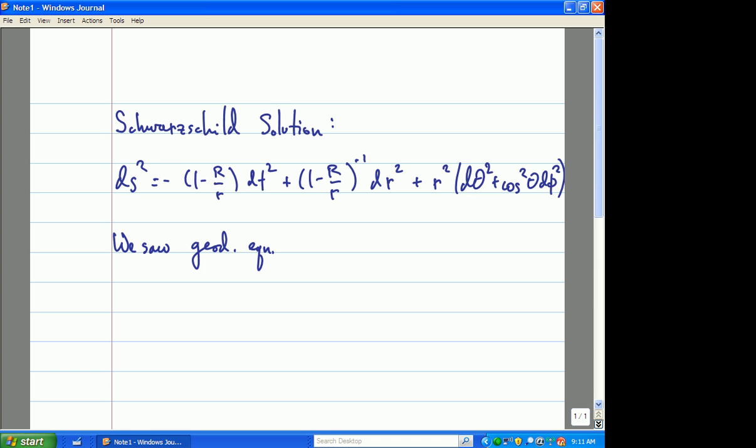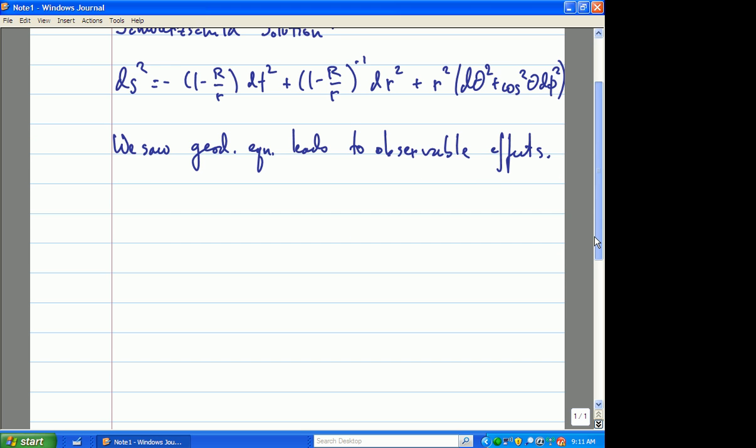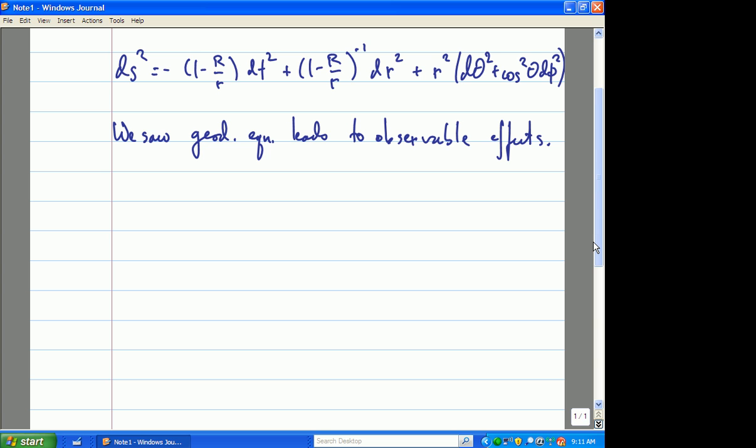So what we're going to do today is continue our study of the geodesic motion of objects in general relativity. But what I would like to focus on today are not time-like geodesics describing the motion of planets, but instead the motion of null geodesics.